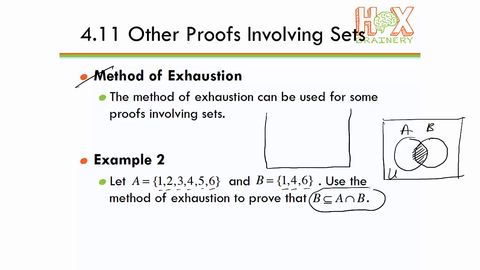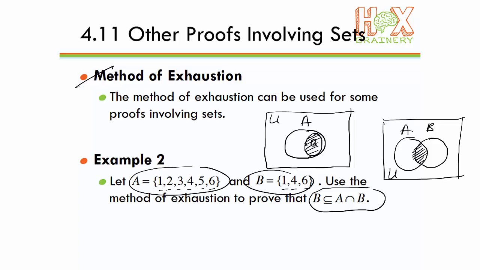For this to be true, it would have to look like this. Here's A. There's B. It's not a universal statement, it's not always true, but it's supposed to be true for these particular sets. And that's why we're going to use the method of exhaustion.